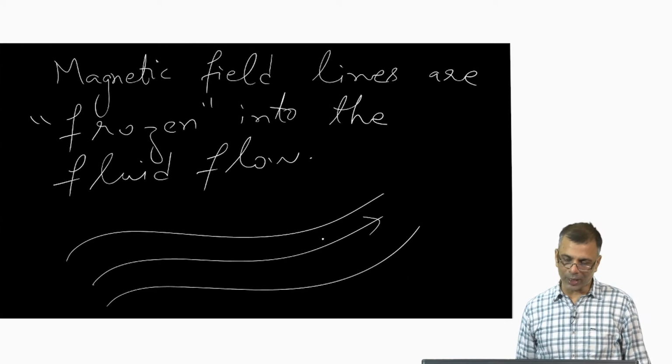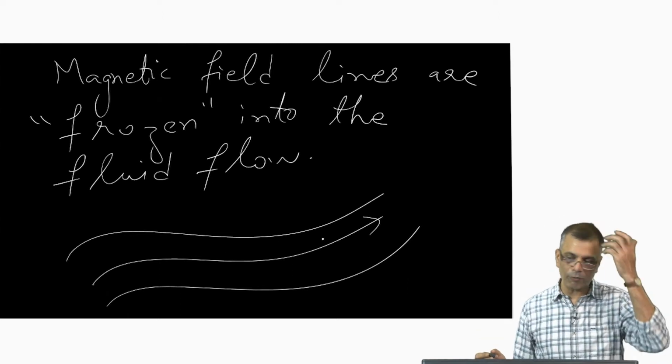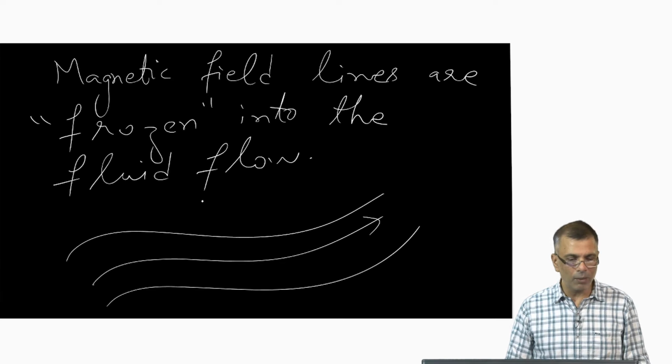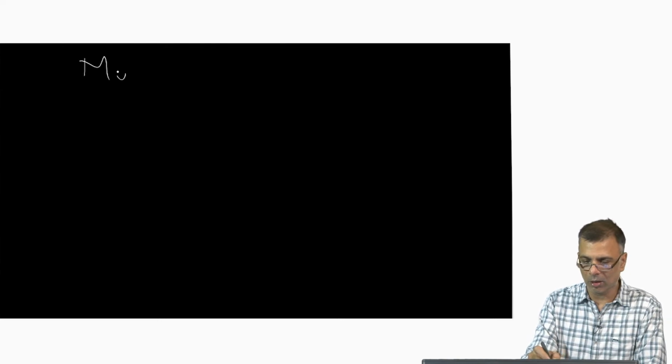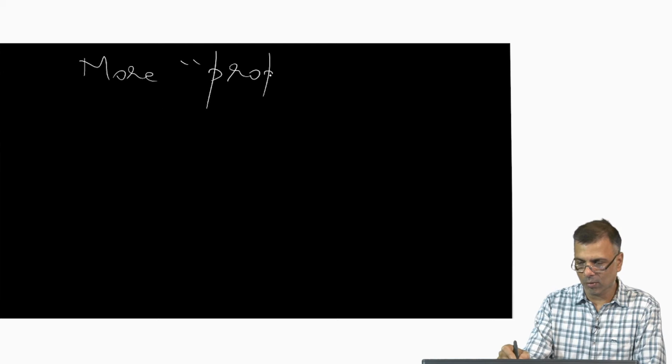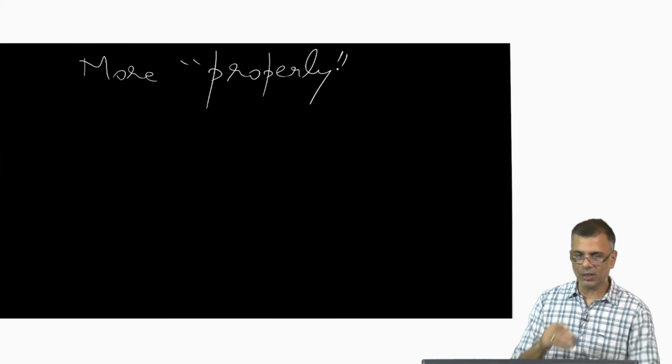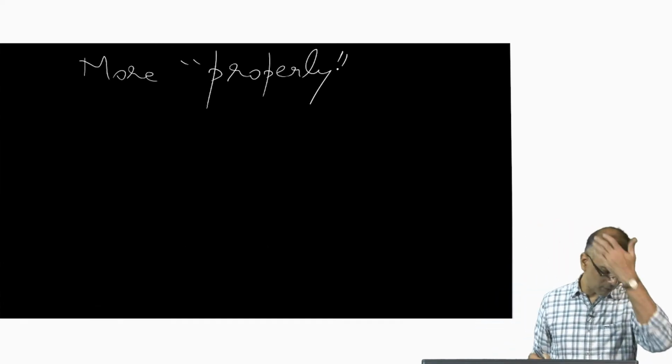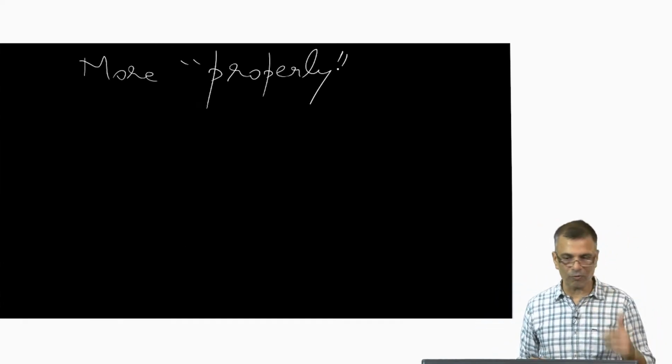The other way of looking at it is that the magnetic field lines are frozen in, but more properly though, in other words, the preceding definition was kind of a loose statement of Alfven's flux-freezing theorem.